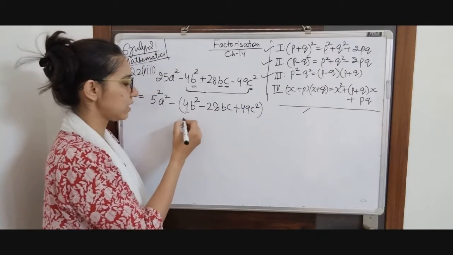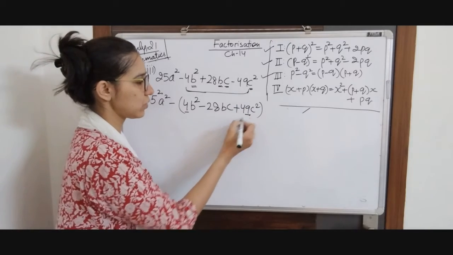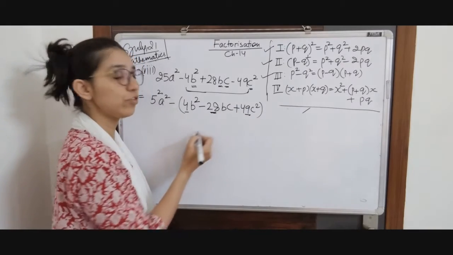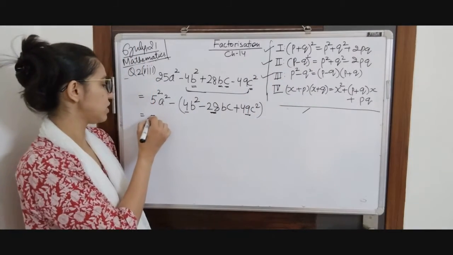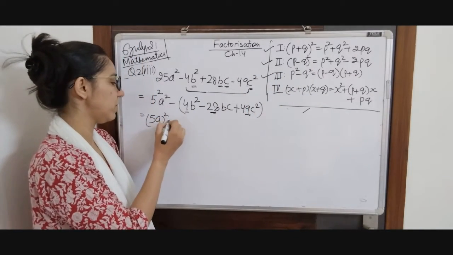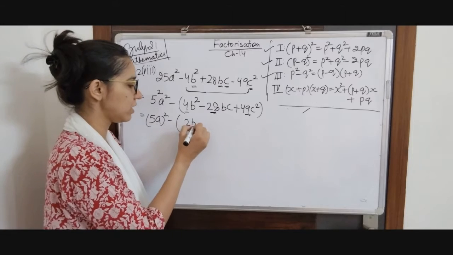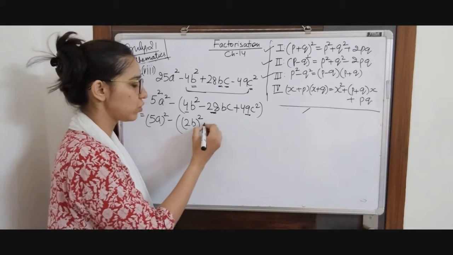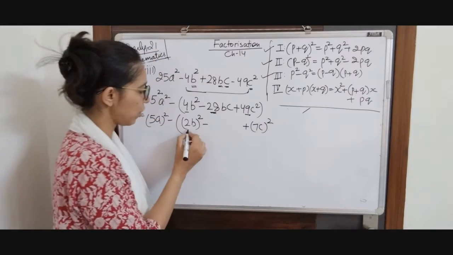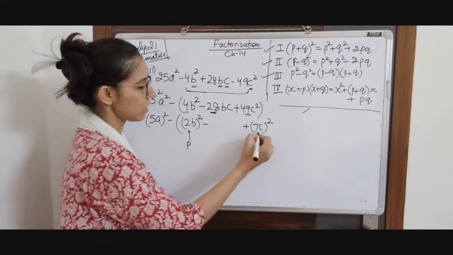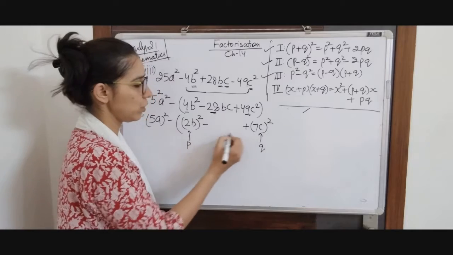Now see that this number is also a square, this number is also a square, and I will see if it is making 2pq in our formula. So this is our 5a square, we will leave it as it is. 4b square can be written as 2b whole square, minus, and this plus 7c square. So this is your p, and this is your q. So this should be 2pq.